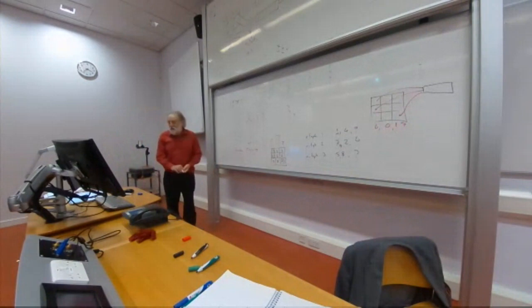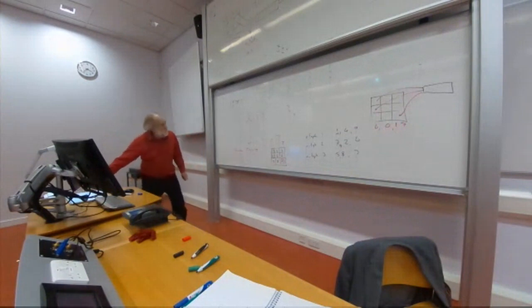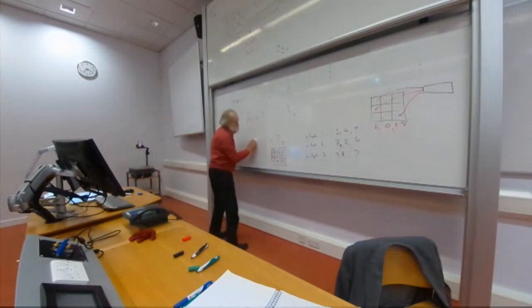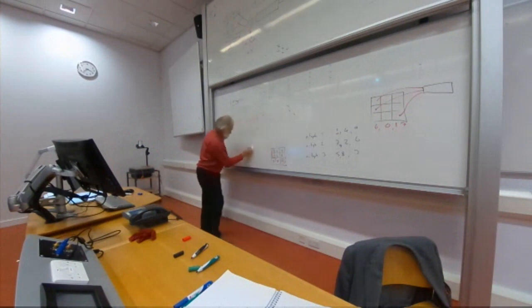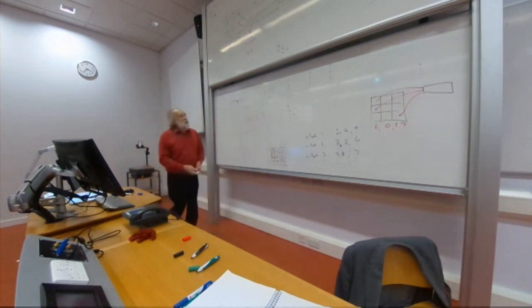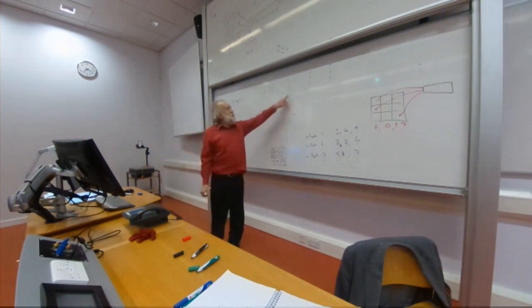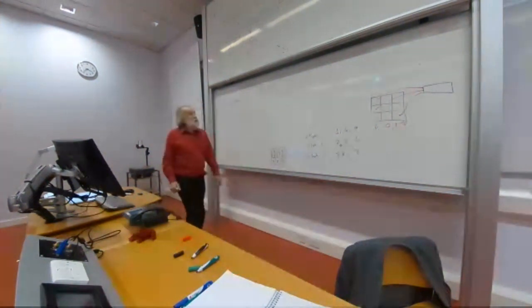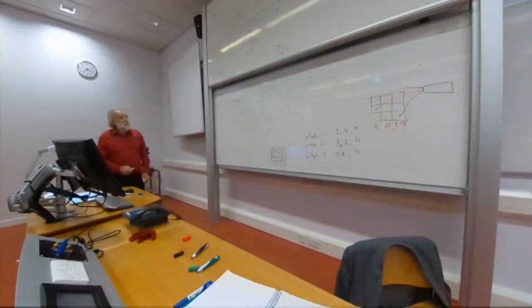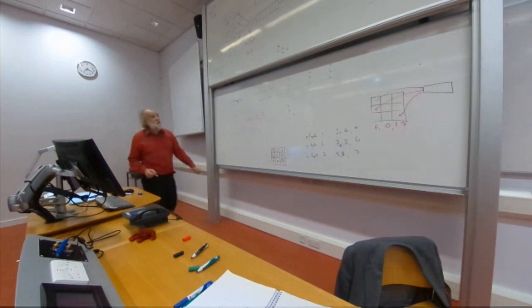Now let's go column by column. Okay, the same training data. We're sampling now column by column, training on this.